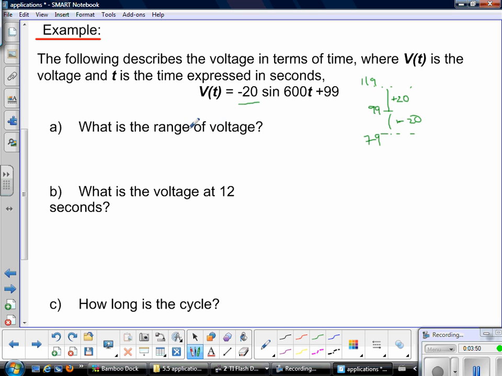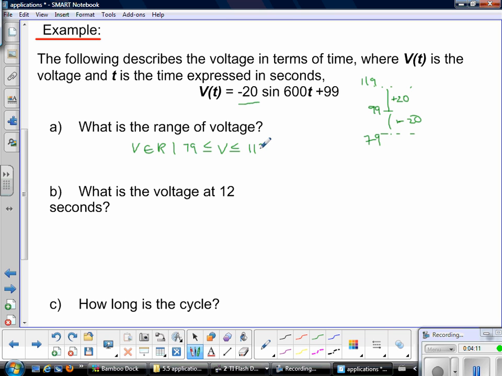Okay, so what is my range? My voltage is a real number such that it needs to fit between 79 and 119.